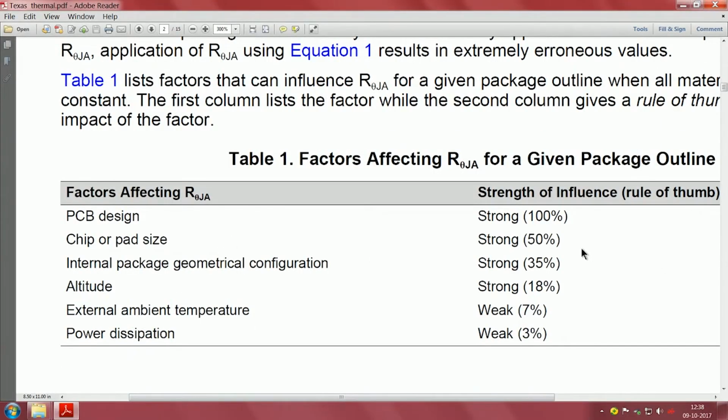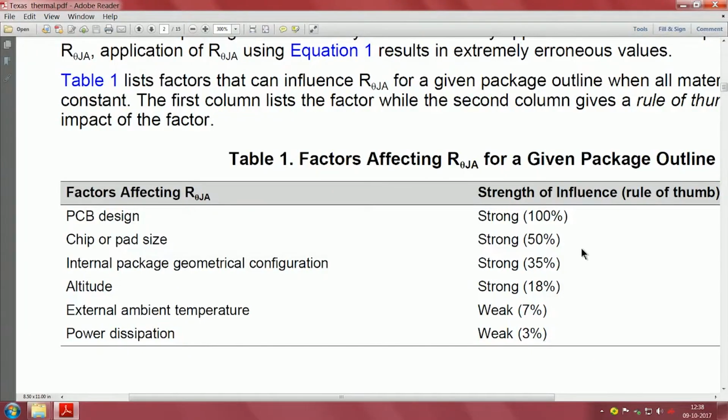Understand, no? Chip or pad size is partly true. Internal package geometrical configuration, then the altitude, that is where you have the heat carrying capacity of the air, and then ambient temperature, and then power dissipation.